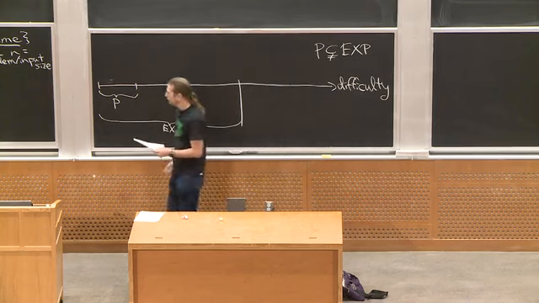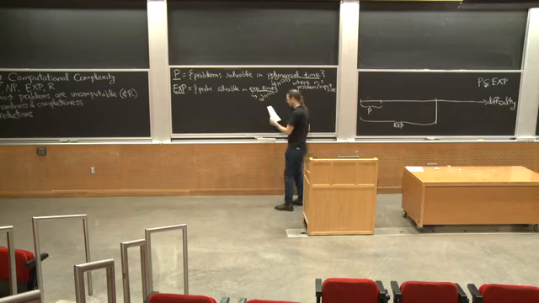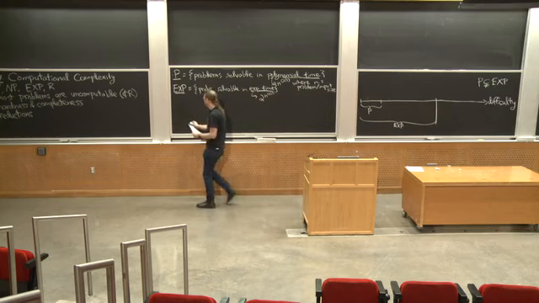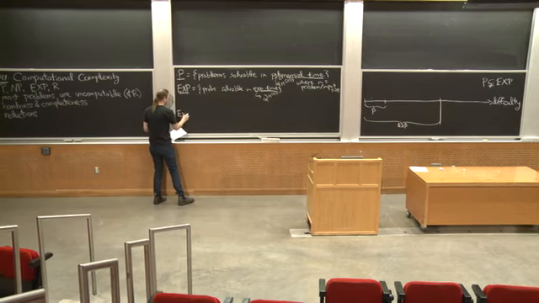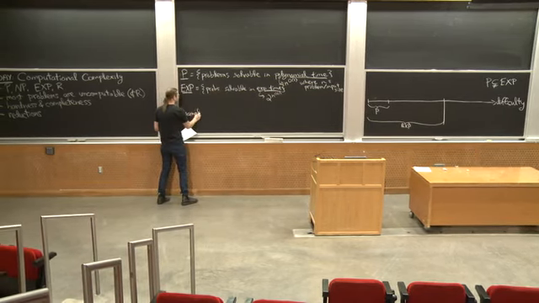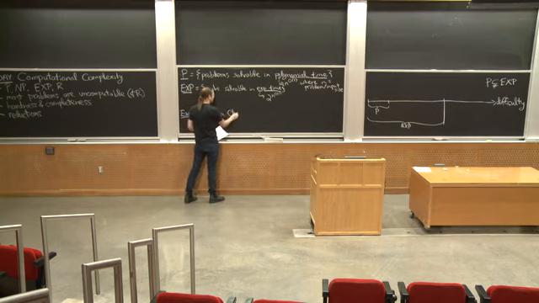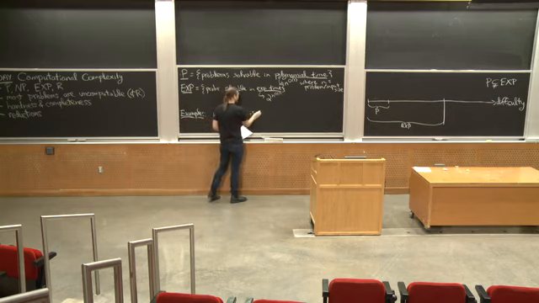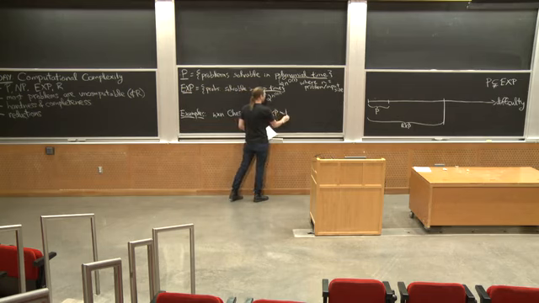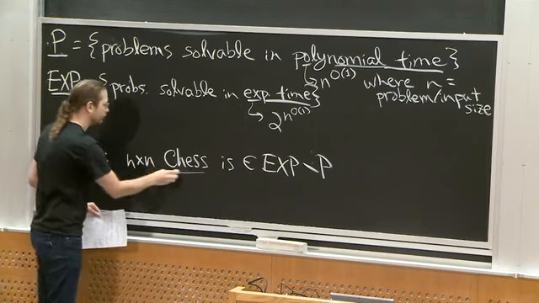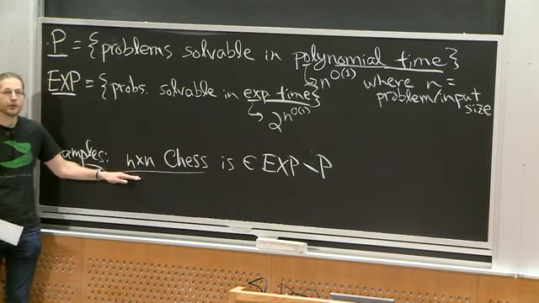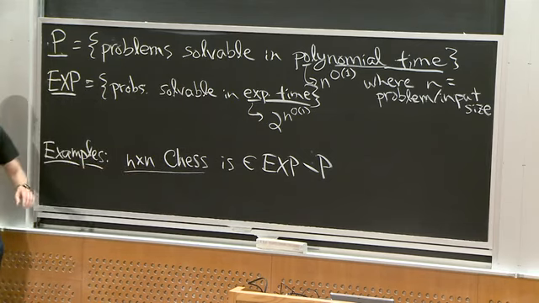For example, n by n chess is in exponential time, but not polynomial time. So what is the n by n chess problem? I give you an n by n chessboard, and I describe to you a position.